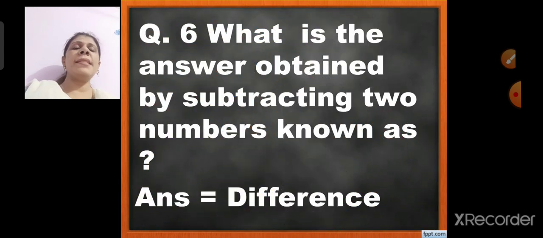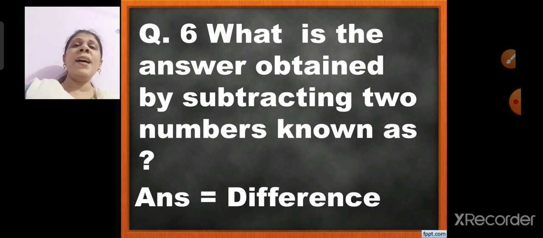Question number 6. What is the answer obtained by subtracting two numbers known as? Now children, I have taught you this before. The answer which we get by adding two numbers is known as sum.